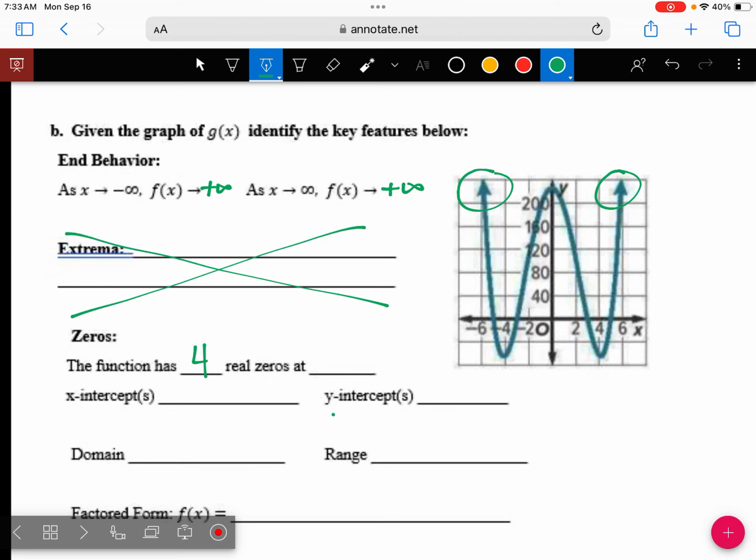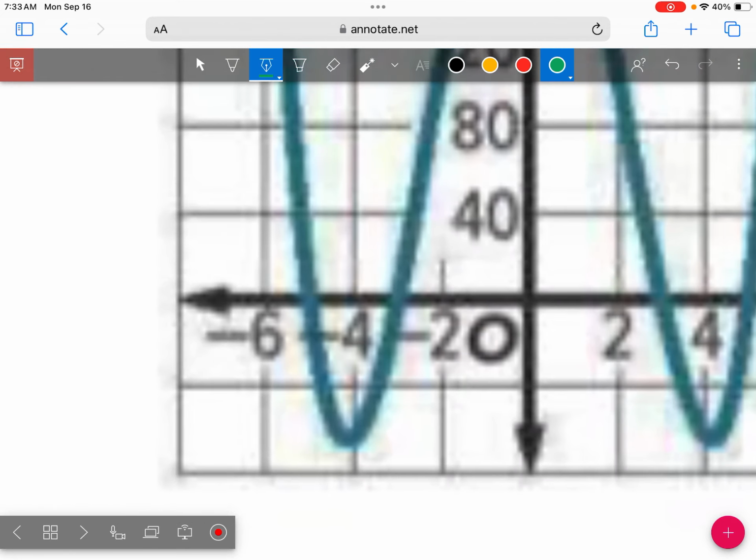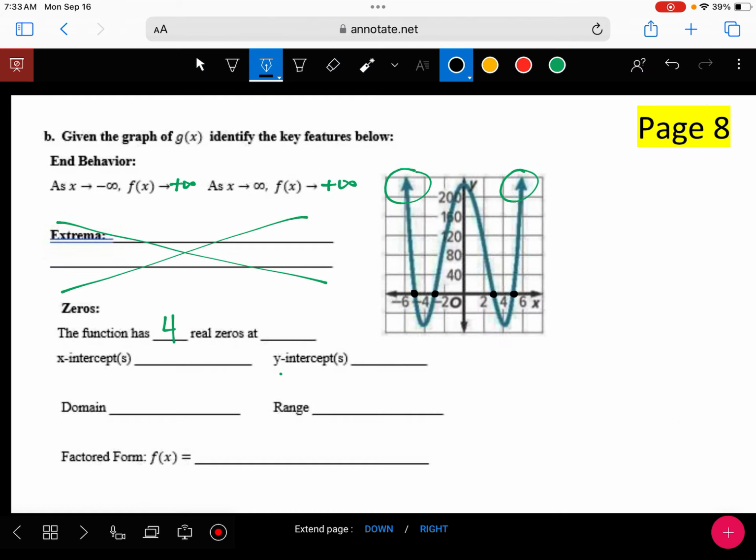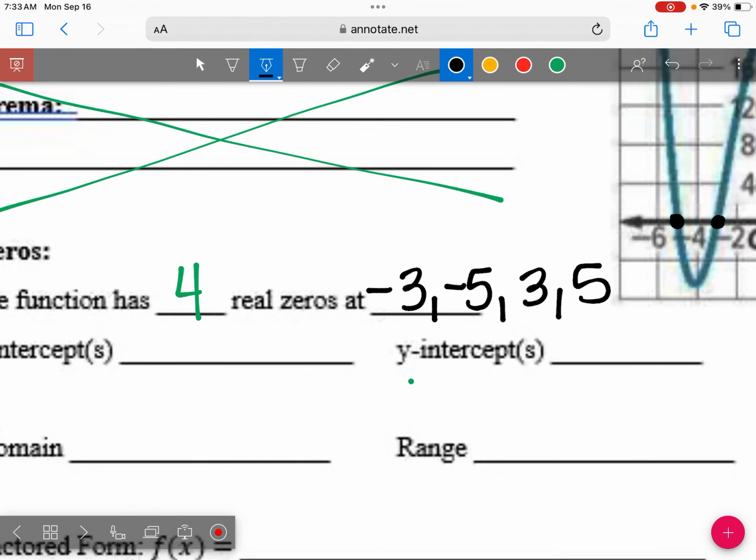So it has 4 zeros. Looks like we got one at -5, -3, positive 3, and positive 5.